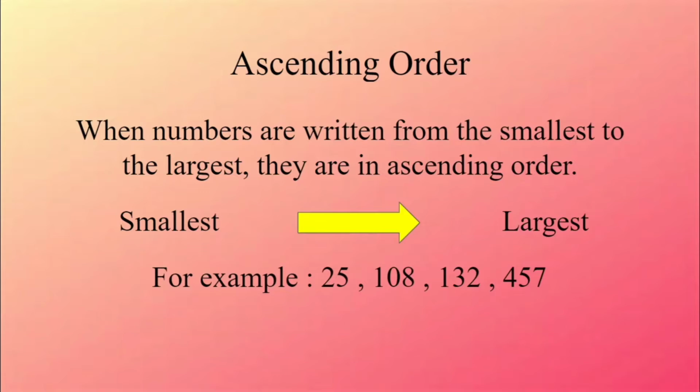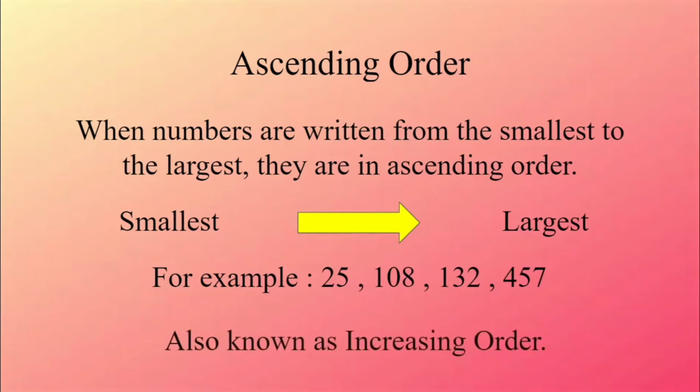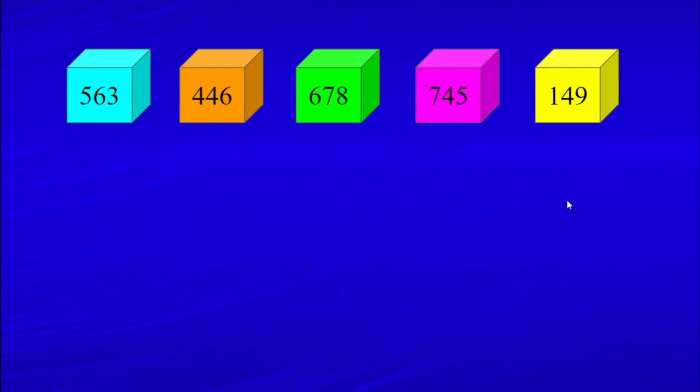The numbers are 25, 108, 132 and 457. These are arranged in ascending order, and we can also see that the numbers are increasing from smallest to the greatest. Therefore, it is also known as increasing order. That means ascending order is also known as increasing order.